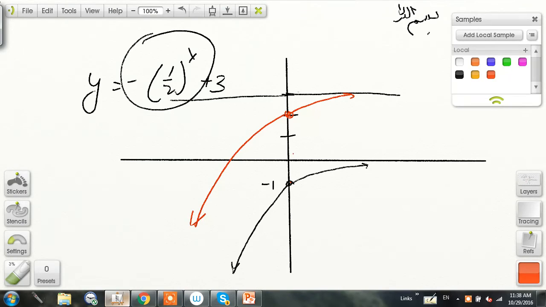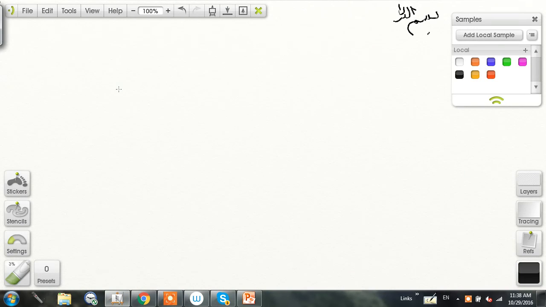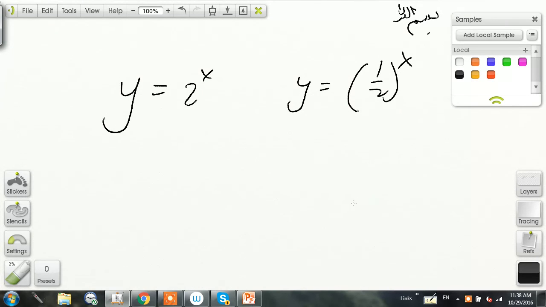Now I'm going to summarize these two parent functions, okay? So the first parent function is y equals 2 to the x, and the second parent function is y equals 1/2 to the x, okay? And they can both be summarized as this: y equals b times a to the x, where b is the y-intercept, a is the multiplier.